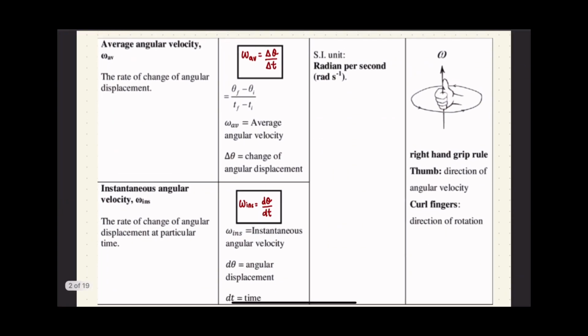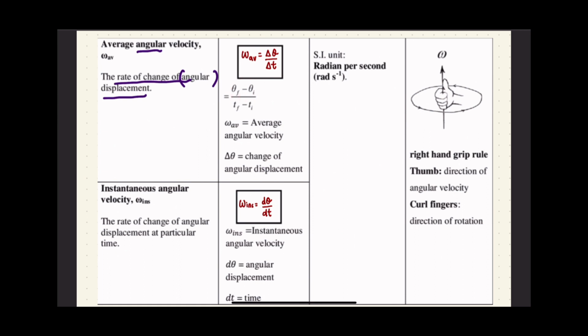Average angular velocity. It has the same meaning as the average velocity you learned before. We add the word angular because it involves rotation, circular motion. It is the rate of change of angular displacement. Before this you learned the rate of change of displacement, so we add the word angular because we want angular velocity. The symbol is omega average, equal to change of theta divided by change of t.